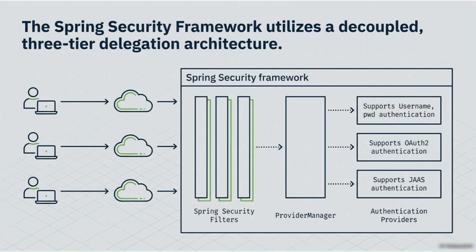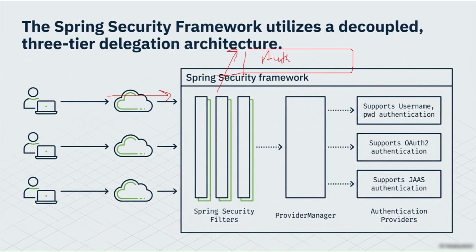Another important question: how does the provider manager know which provider to call? The type of authentication object that is created after your security filter chain runs is the key, generated at the time the request comes into your system. The username password authentication token invokes the username and password provider.